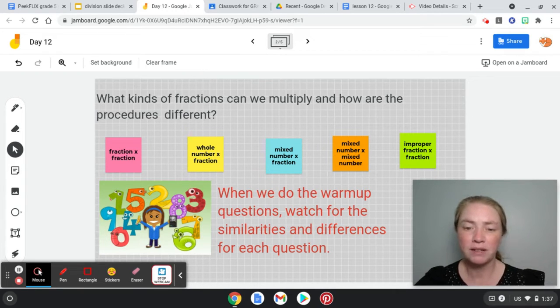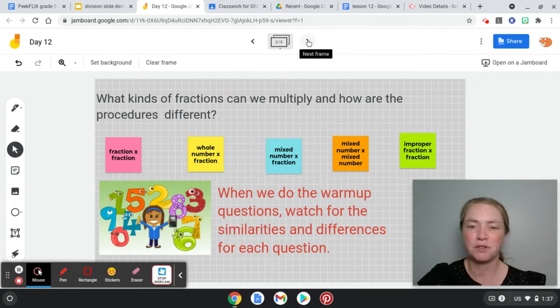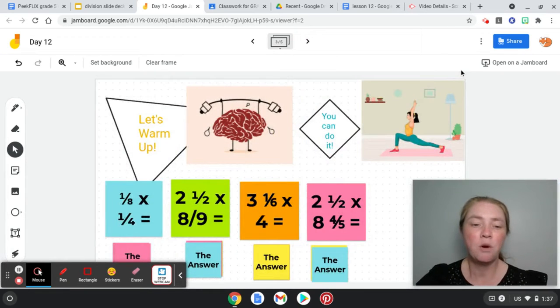Okay, so when we look at the warm-up questions, we're going to watch for the similarities and the differences. In all, we're multiplying the numerators times the numerators and the denominators times the denominators. So here are our warm-up questions for today. We have 1/8 times 1/4, which is the example of a fraction times a fraction.